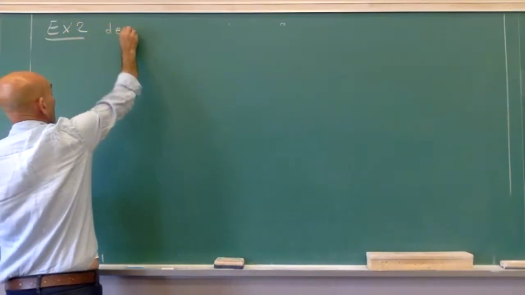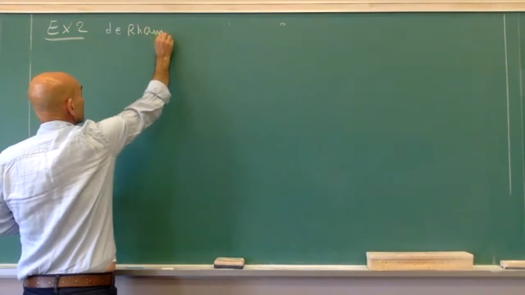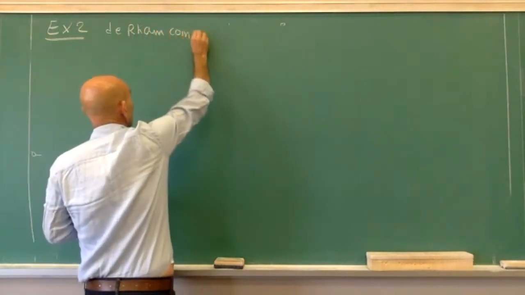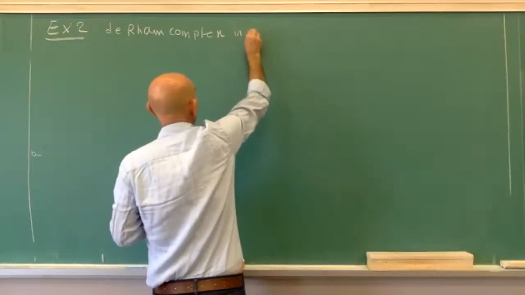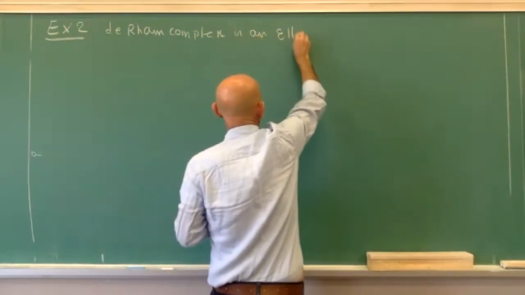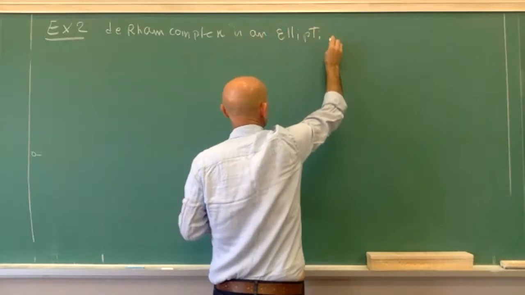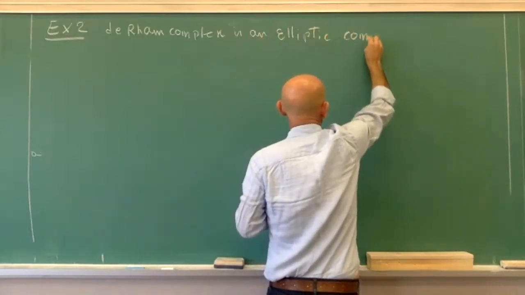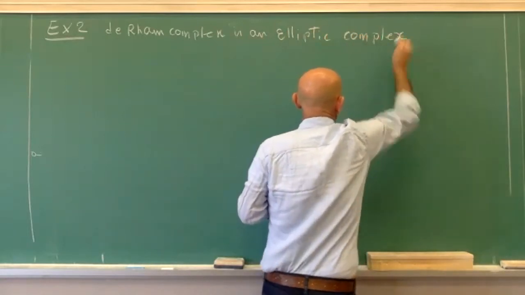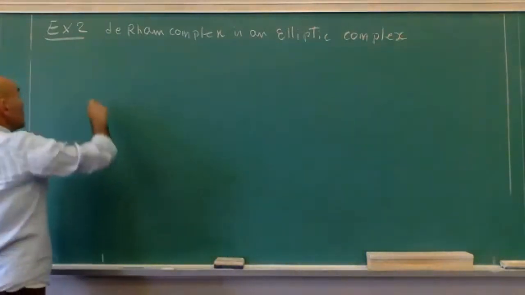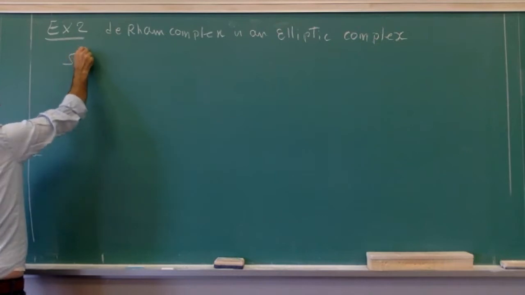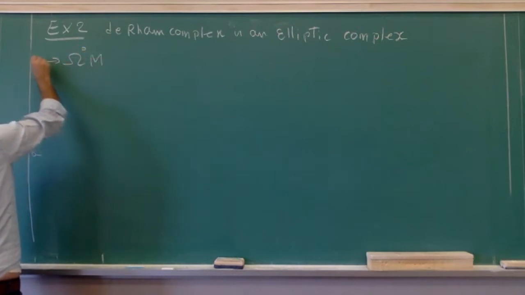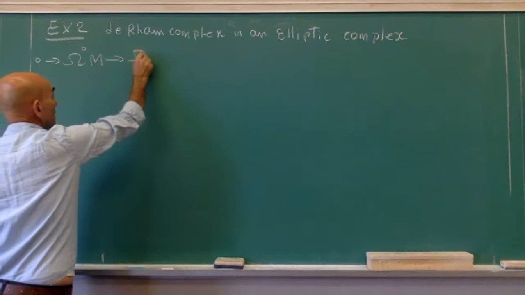So the de Rham complex is an elliptic complex. So let's see why. So the de Rham complex, of course, is, remember my notation was like this.